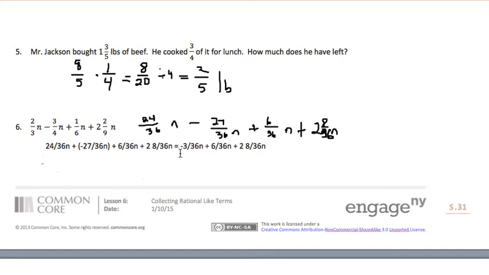And then let's combine the next two terms. Negative 3/36n plus 6/36n will give us 3/36n plus 2 and 8/36n. And we'll do that final calculation, and that'll give us 2 and 11/36n.